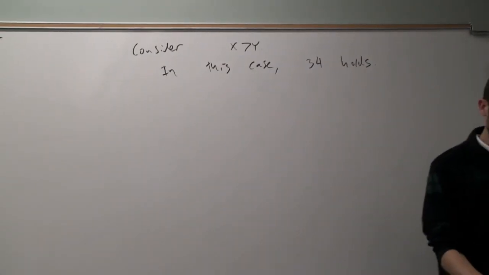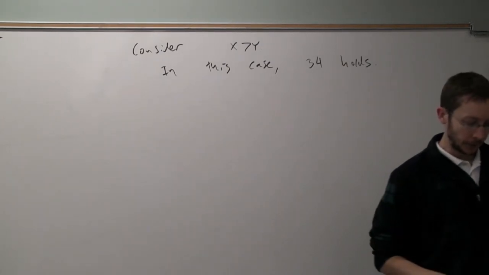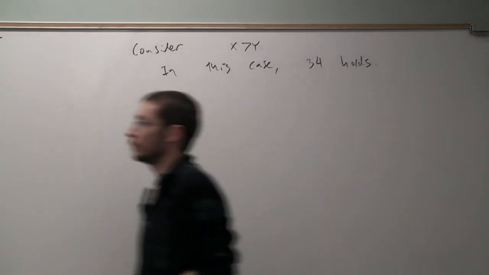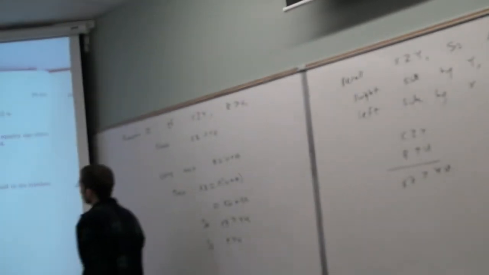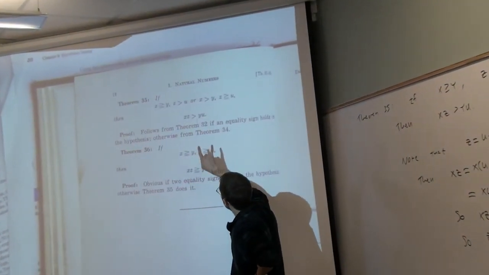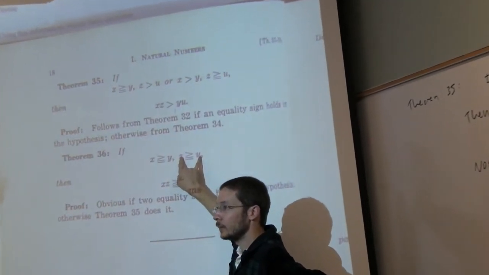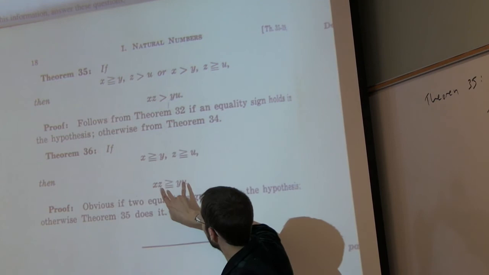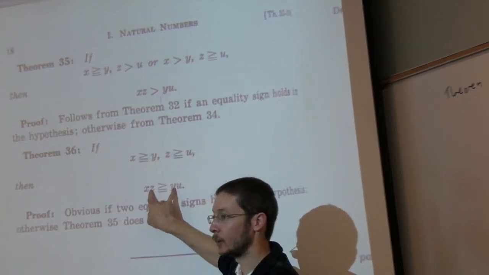All right, so that is 35, and then theorem number 36. Basically the same thing, right? You have a couple different things that could happen. X could be equal to y, and z could be equal to u, in which case we proved a couple pages earlier that you can multiply the two sides and maintain equality.